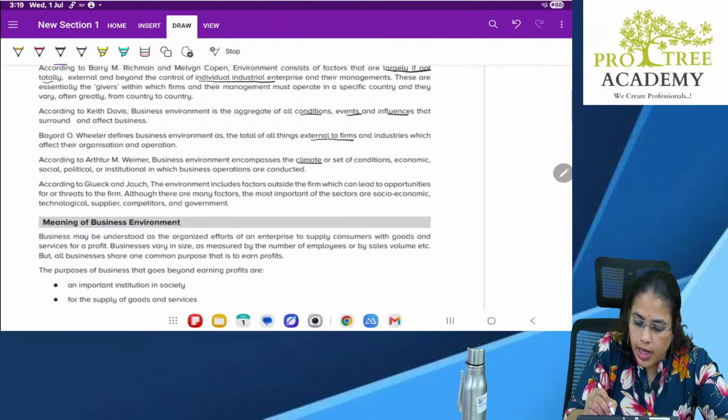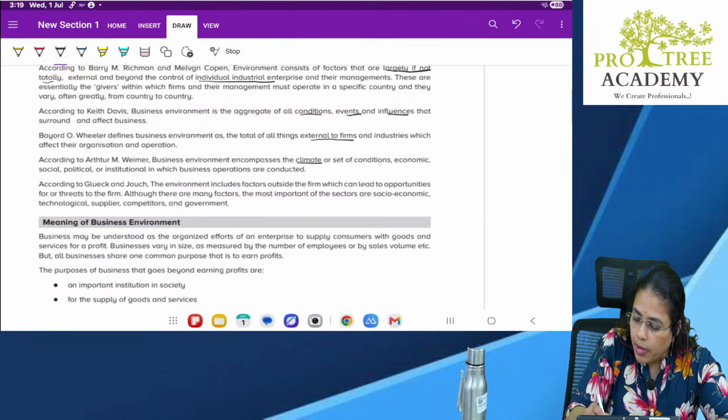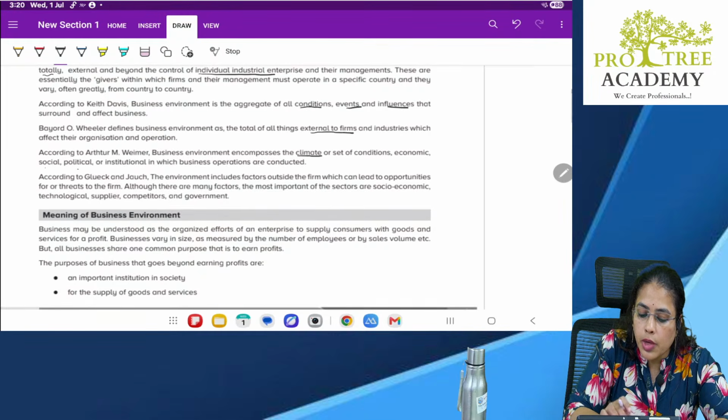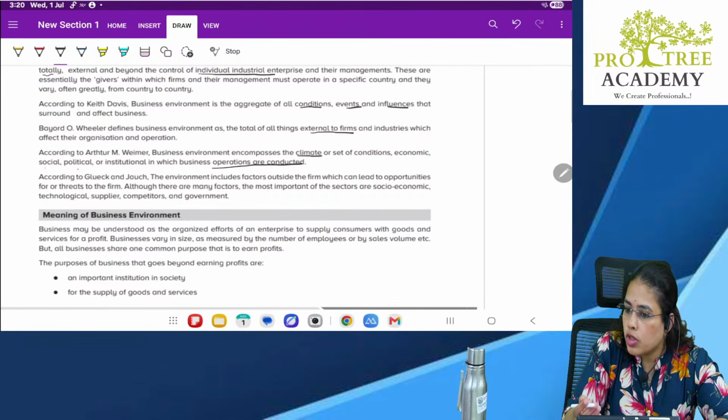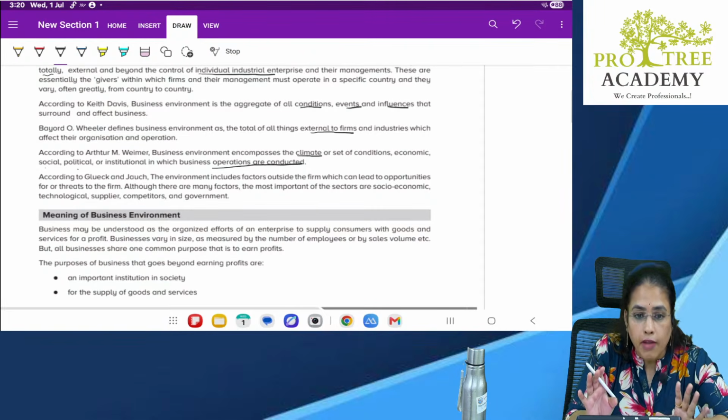This is also again external. So climatic condition, what kind of economy you are in, Indian socialist economy, capitalist economy, whatever economy, social, political, and institutional in which the business operation is conducted. Whatever institution the business operation is conducted in, that should be taken into consideration. So these are also the external factors.